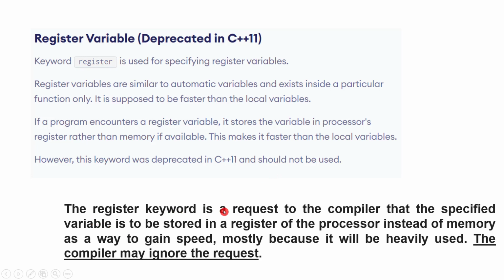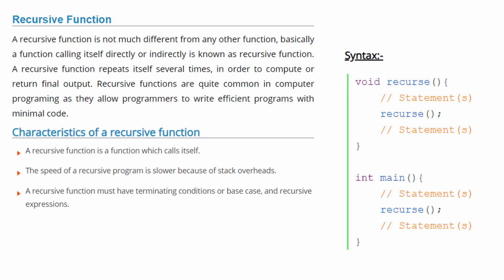The register keyword is a request to the compiler that the specified variable is to be stored in a register of the processor instead of the memory as a way to gain speed, mostly because it's heavily used, because we are repeatedly using this variable. The compiler may ignore the request based on the case.